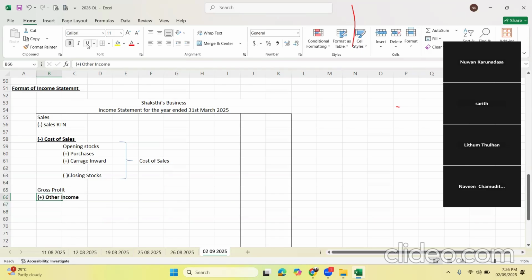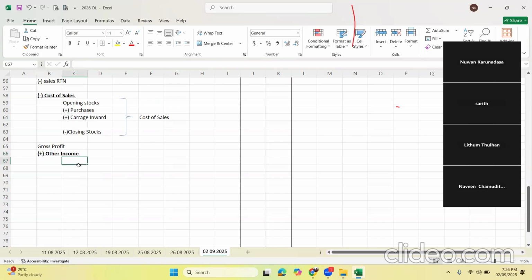Other income, maybe discounts received, maybe rent income, maybe interest income. Any type of income you record under other income. Then deduct minus expenses.